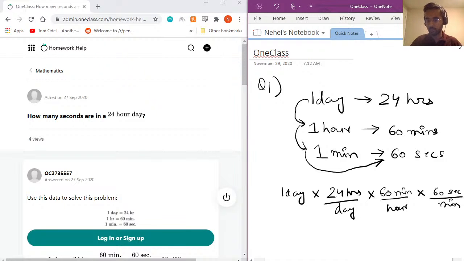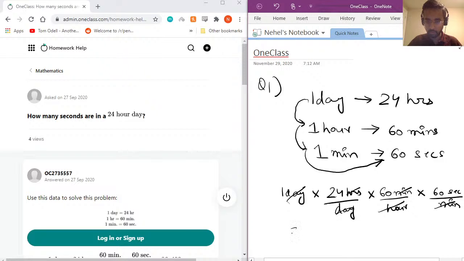The reason I'm doing it this way is that you can see the units for each conversion, and then you can see them cancel out. That way you know that the unit you're left with is the unit for the answer. So in this case, the days and days cancel out, hours and hours cancel out, and then minutes and minutes cancel out.